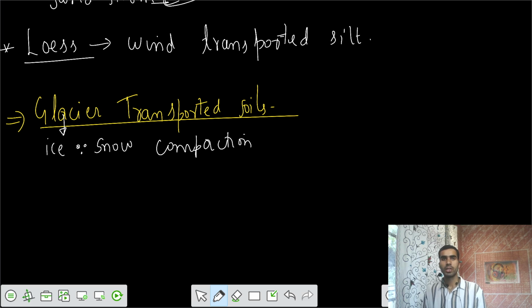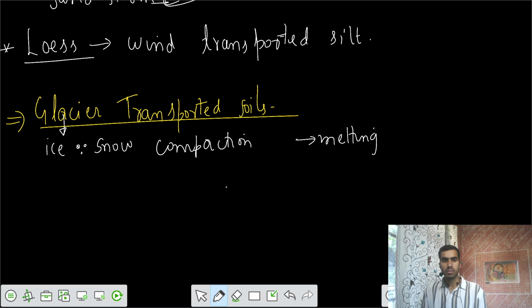So that's your glacier. Now if there's melting or any other reason, if the glacier starts to move, that solid ice mass would carry the material that's below it. It's going to carry the rocks below it. It may be rocks, it may be soil also.